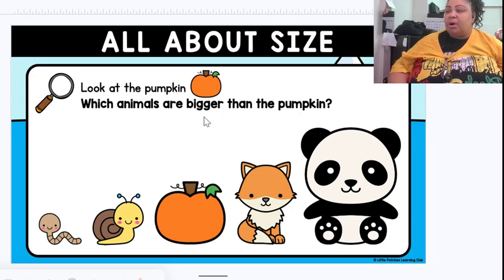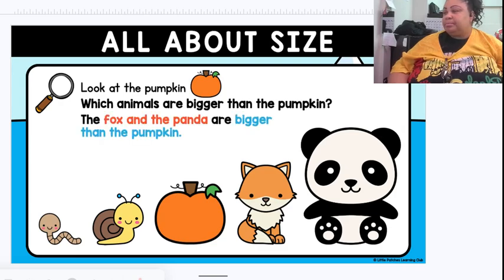Which animals are bigger than the pumpkin? The fox and the panda are bigger than the pumpkin.